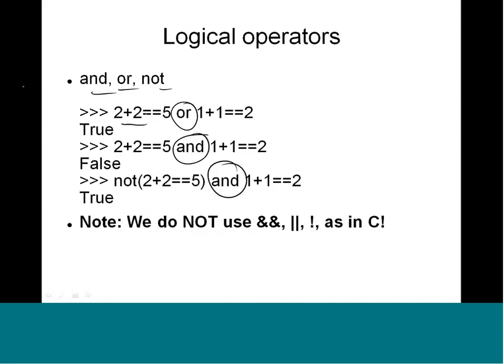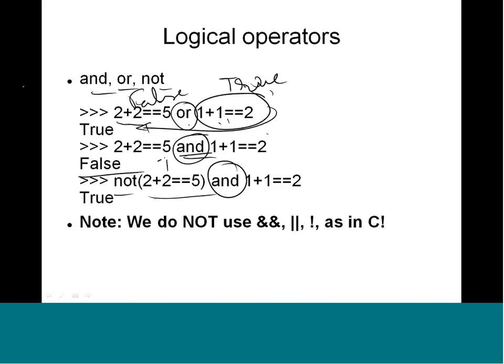So we can specify 2 plus 2 equal 5 or 1 plus 1 equal 2, and this will return True because this side is true. False or True is True. If you say and, now False and True is False. Then you can also specify not of this, which means this is now True, and then the and becomes True as well.